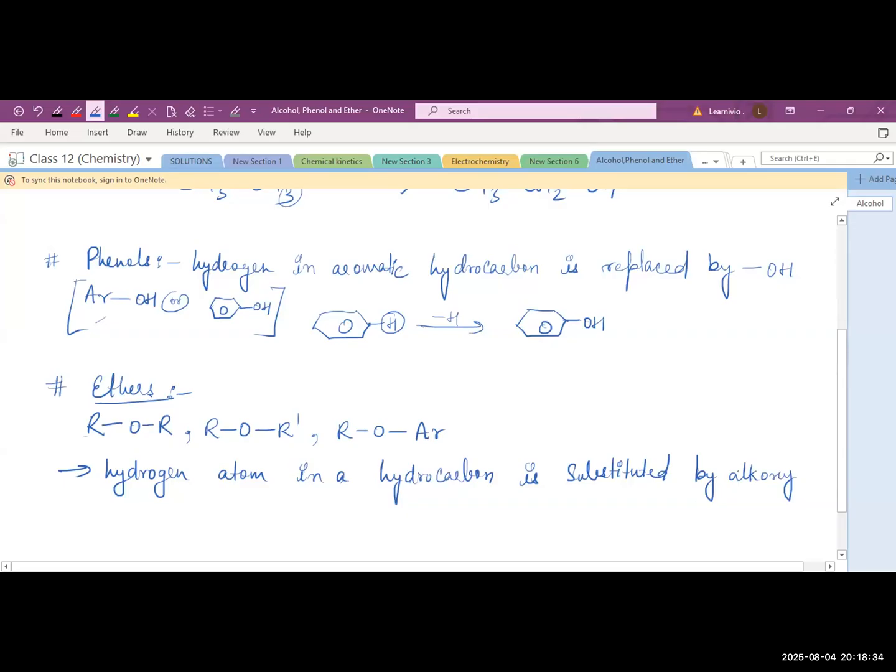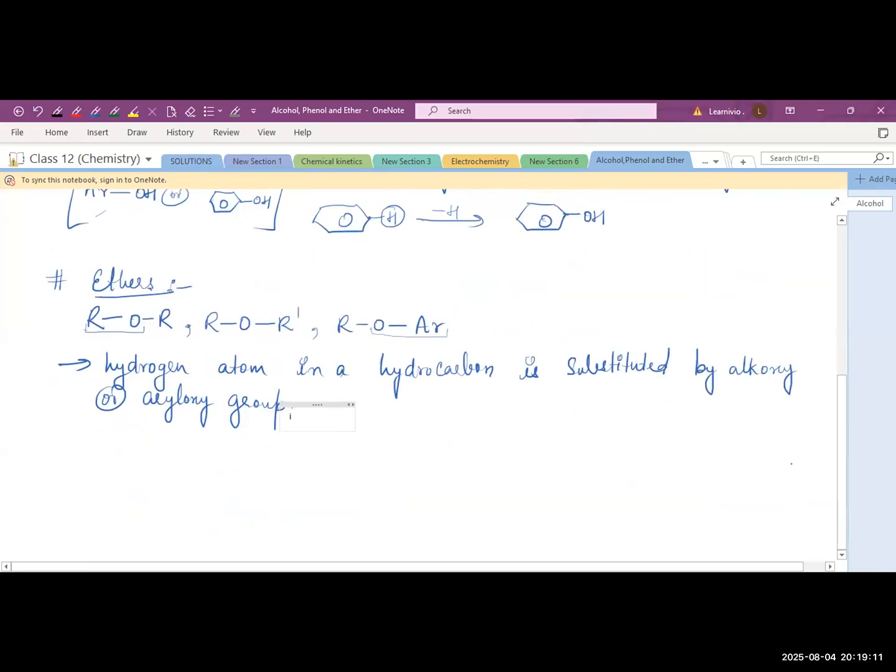If you add O to an alkyl group, that is your alkoxy group, this RO group. And when you substitute OR in your aromatic ring with an O group, that is your aryloxy group. Aryl group with oxygen is the aryloxy group, and that gives an ether.